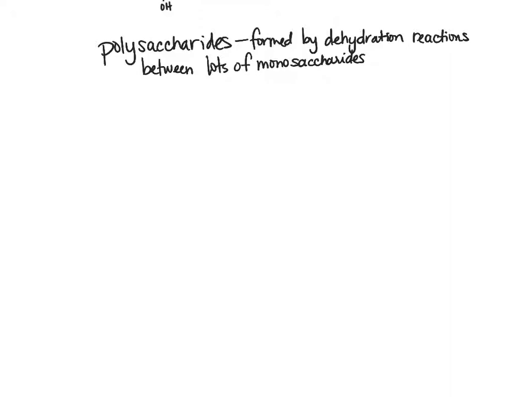So we're going to talk about the different types of polysaccharides that you need to be familiar with. So remember our monomer to polymer, right? Our monomers are monosaccharides, and our polymers are polysaccharides. Poly meaning many, and saccharides meaning sugar, so many sugars. The first most important polysaccharide that you need to know is called glycogen.